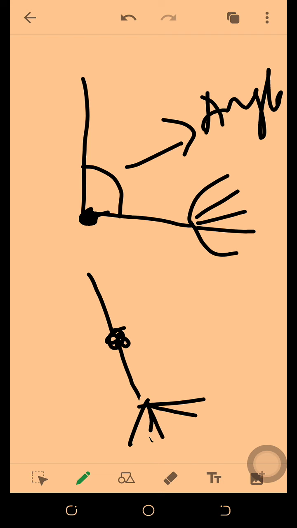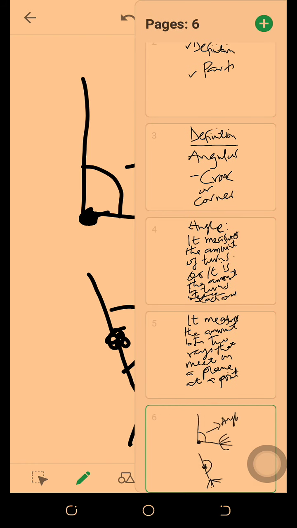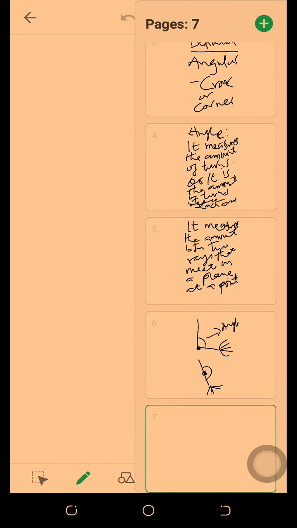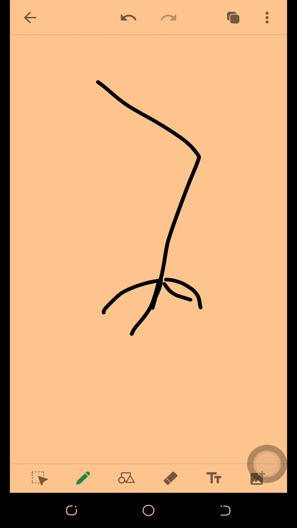You can turn it this way, and still an angle will be formed here. Or you can turn it this way, and still an angle will be formed. Any value you obtain when you measure between them becomes an angle.